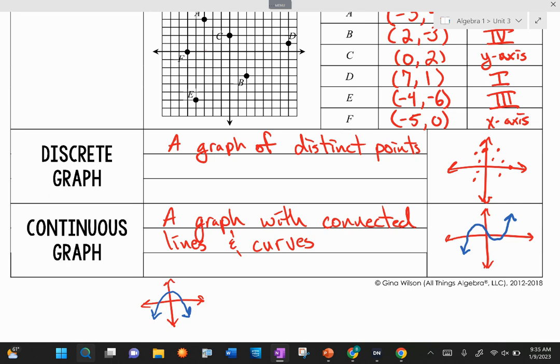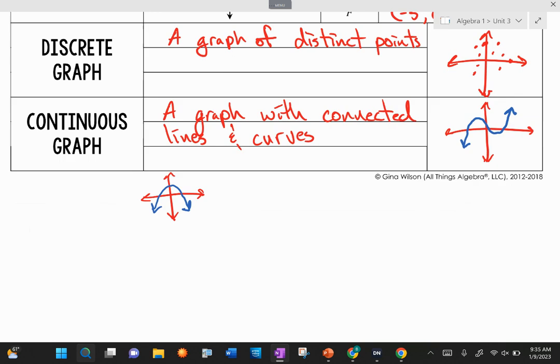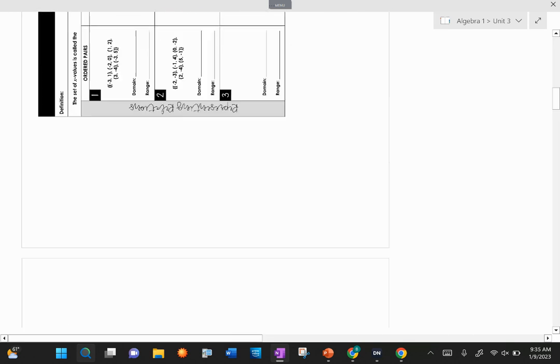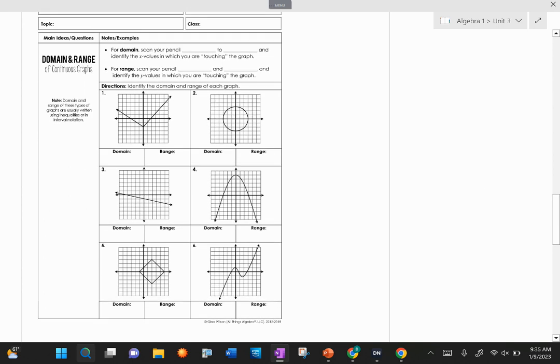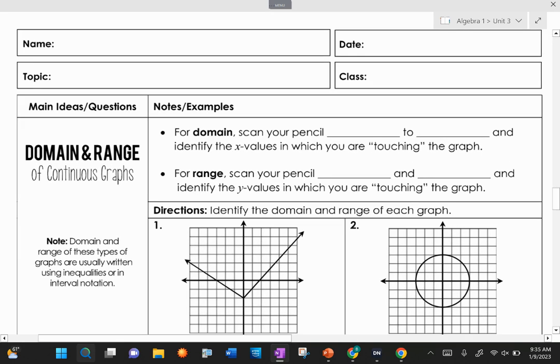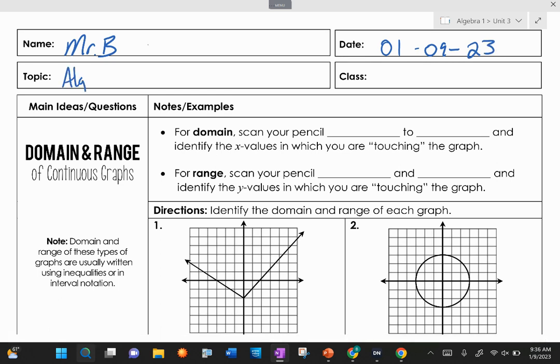Want to make sure we talk about domain and range, a little input and output. And then we'll keep going.